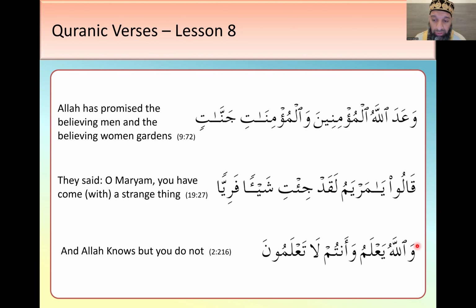And the last one, we've already done the last one, but let's do it again, inshallah. Wallahu, and Allah, ya'lamu. What does ya'lamu mean? Allah knows, He knows. So, and Allah, He knows.